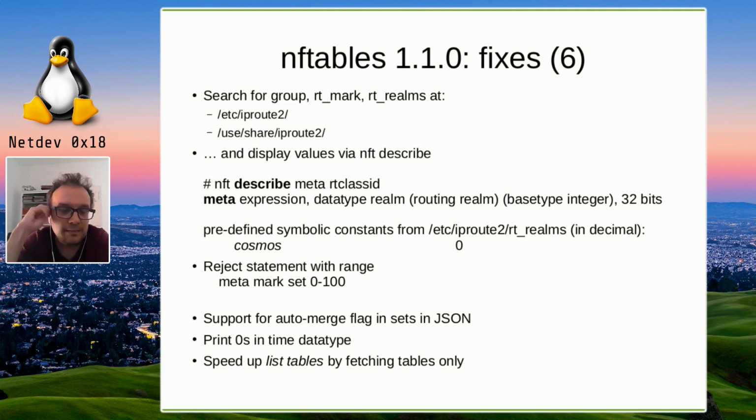The time data type is also printing 0 when time is 0, which was not displaying anything. And we've been speeding up listing tables by fetching tables only. We've also been speeding up a situation where the cache stores a generation ID which is current, so we don't have to go back to the kernel and fetch the cache again.